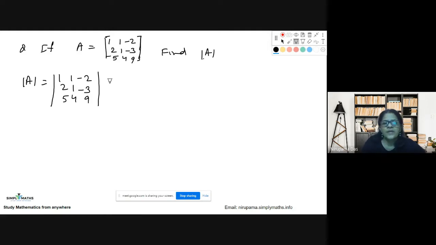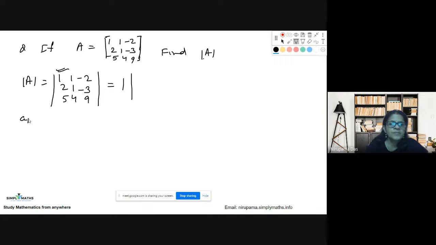So we can write here, suppose expanding from the first row. You can take any row or any column. So if I take the first row, 1 into minor. Because it is the first question, I'm writing it like this. We have to take A11, A12, A13.